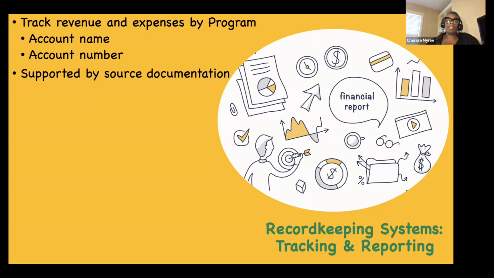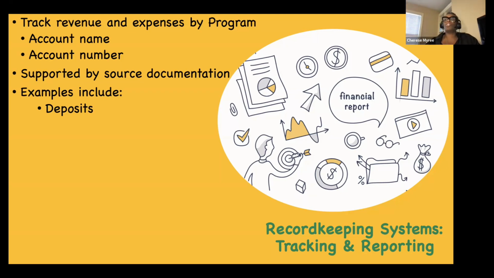And then, of course, anything that you have in your accounting system, regardless of whether it's manual, automated, or hybrid, should be supported by source documentation. So what you use to get to the number that you put on your ledger should be source documents. Examples of source documents include things like deposits.